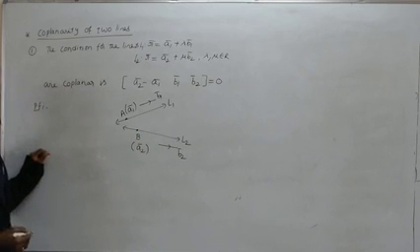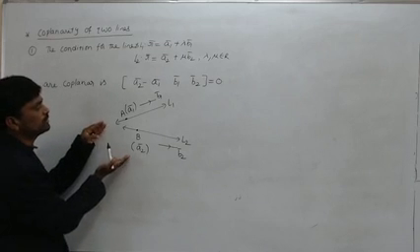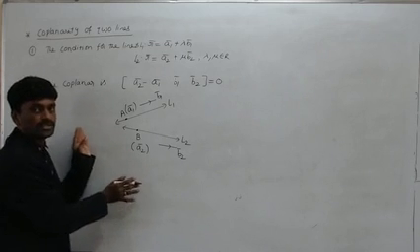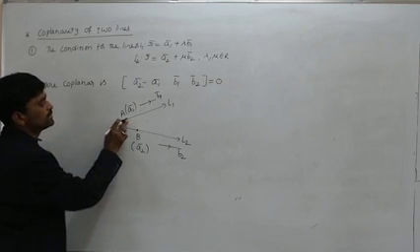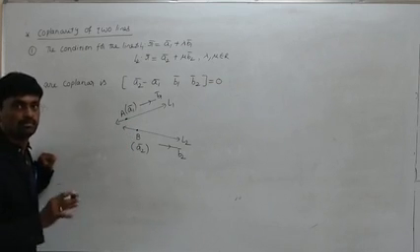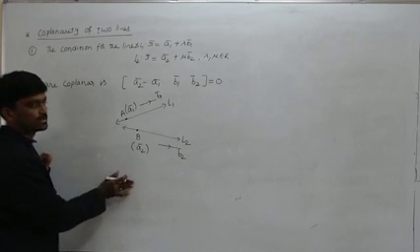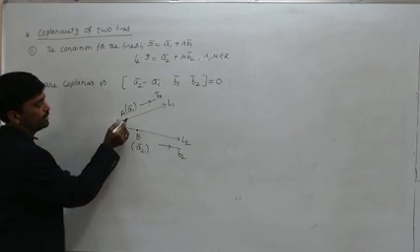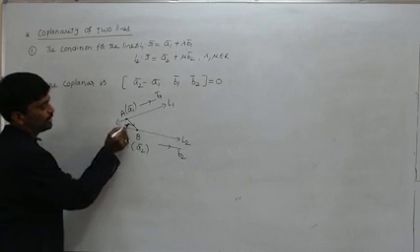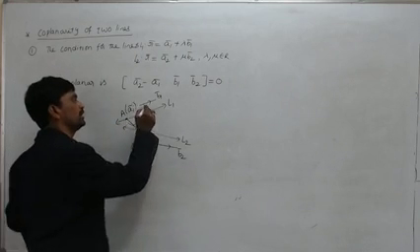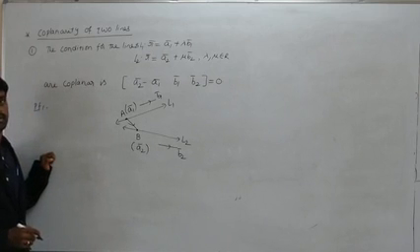So if these two lines are coplanar, that means they lie on the same board, that is the same plane. Assume that plane is the board. So clearly these two lines lie on the board. Then join A and B. Then if you observe the vector AB bar, the vector b1 bar and the vector b2 bar, they also lie on the same plane only.